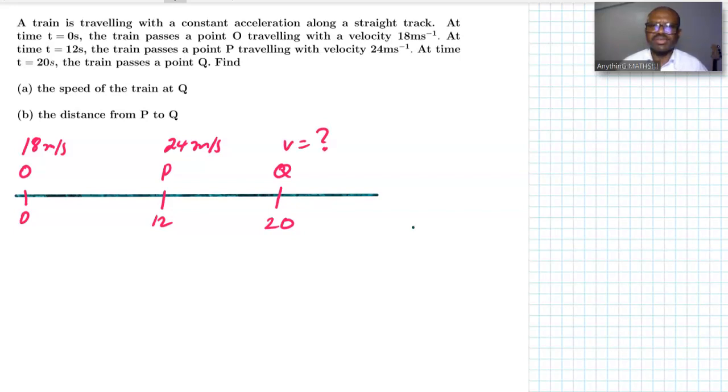The question is, we're supposed to find the speed of the train at Q. It's quite clear that we need to find the acceleration. From the question, we consider the first part of the journey between O and P. It's quite clear that the initial velocity U is 18.